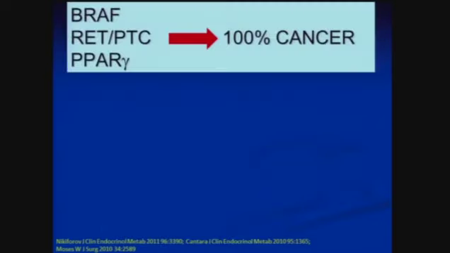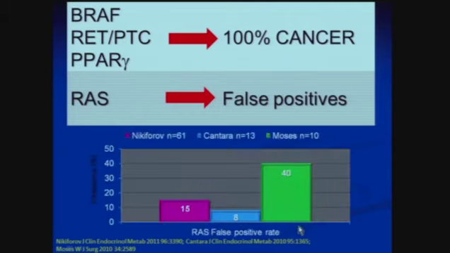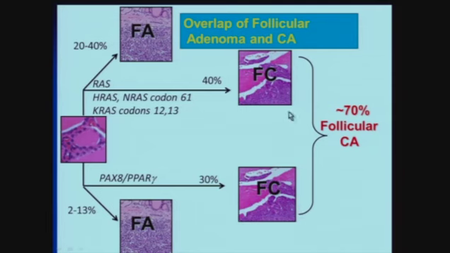And additionally, there were some false positives. There were no false positives when we looked at these genetic panels, but there were false positives for the RAS. And these were the false positives that were reported in the literature, and in the Moses series, up to 40% of the nodules. And if you look at the genetics of follicular adenoma and follicular cancers, we can see why. And that is that both adenomas and follicular cancers do share some genetic rearrangements that overlap.